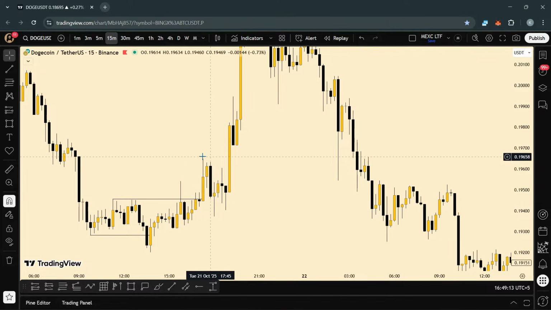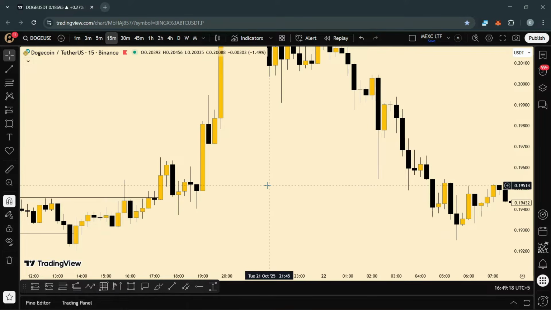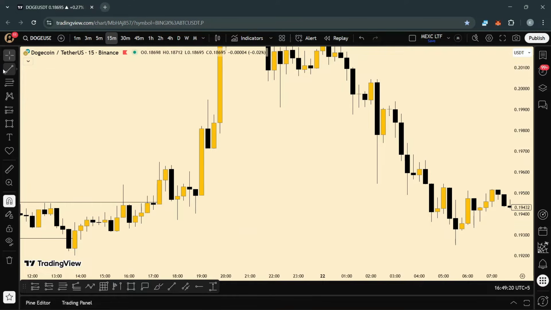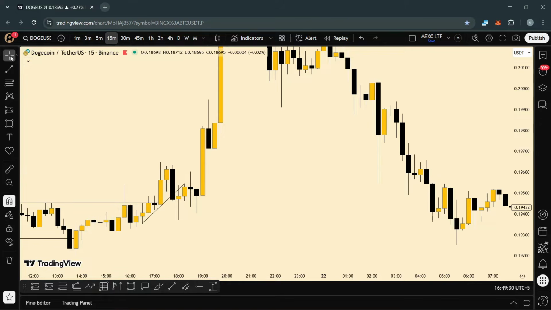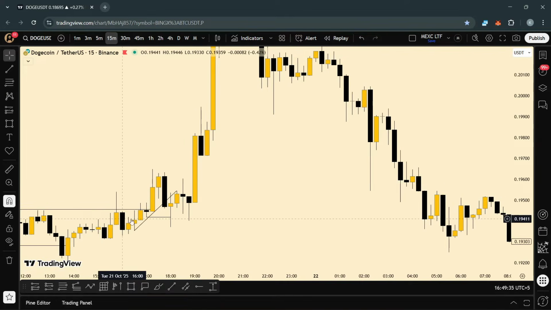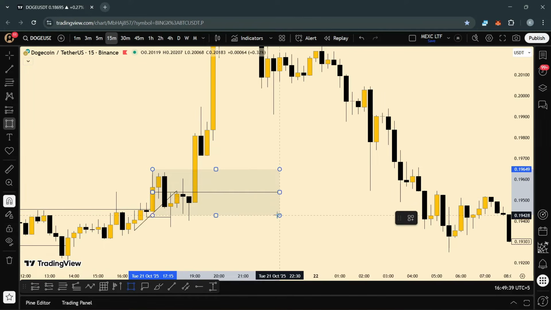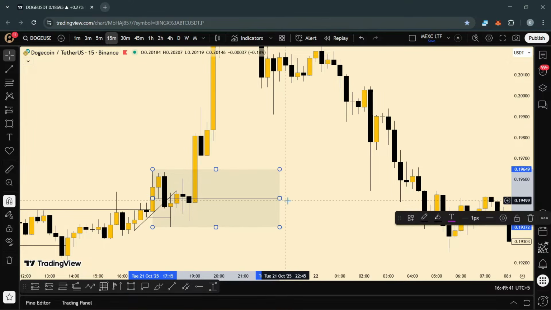Further, this zone. Now, if I show it to you, there is a lot of liquidity below these lows. I'm not going to shift to 5 minutes because I can see that there was a previous low over here. It took the liquidity of that. So we have a new zone that we can actually trade from.